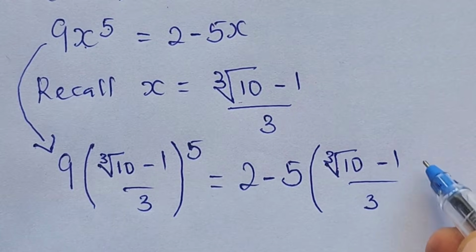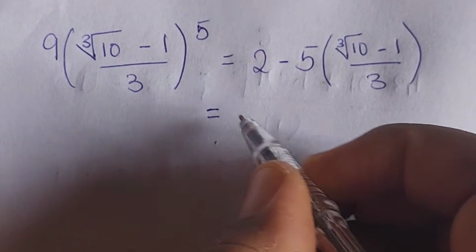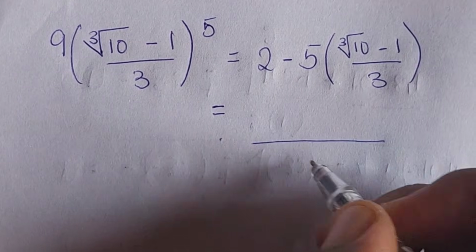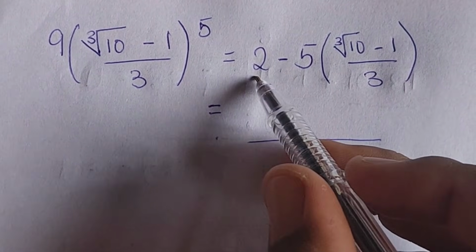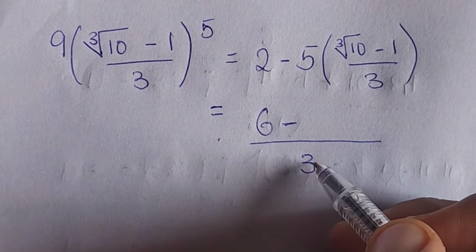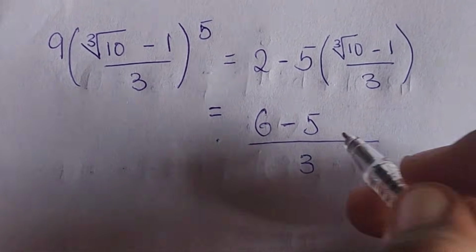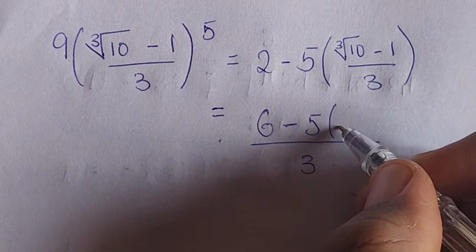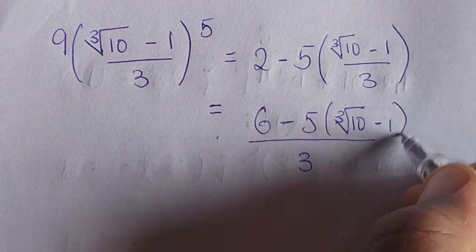minus 1 over 3. We have that this is equal to, let's take the denominator as 3. So 3 divided by 1, 3 times 2 is 6, minus, we have 3 divided by this. So we have 5 times the cube root of 10 minus 1.